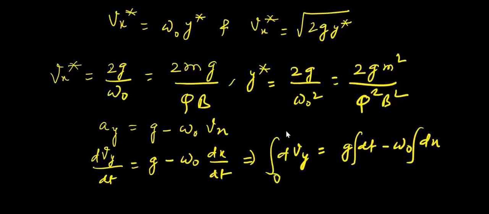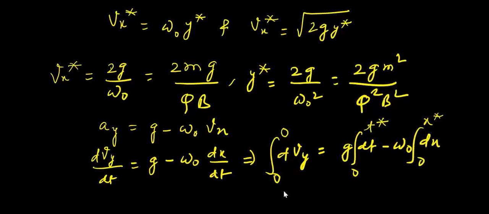Since dvy goes from 0 to 0, from the moment of start till the particle reaches its maximum depth, the time for that moment I would like to write as t star, and x as x star, initially 0.